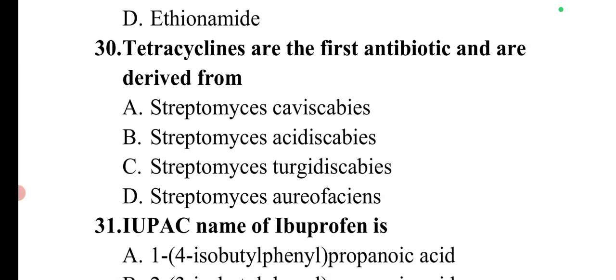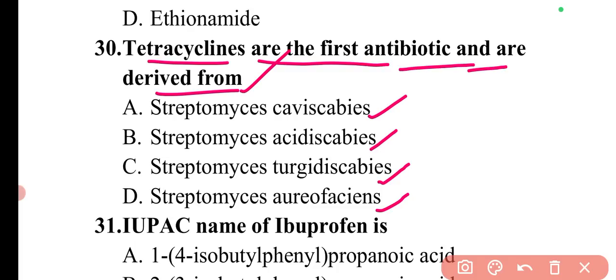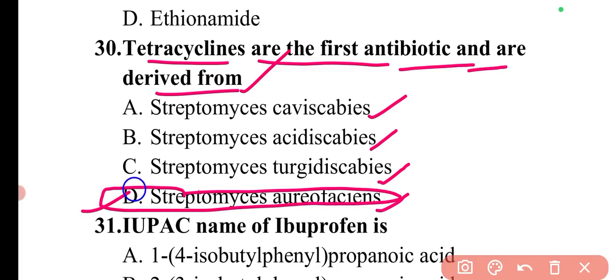Next question is, tetracyclines are the first antibiotic and are derived from, options are Streptomyces cavis, Streptomyces acidis, Streptomyces turgidis, or Streptomyces aureofaciens. The correct answer is option number D, Streptomyces aureofaciens.